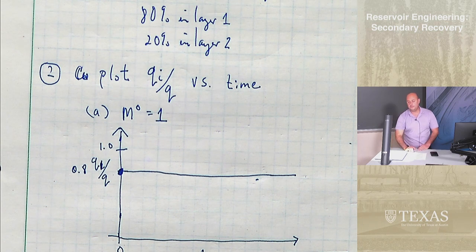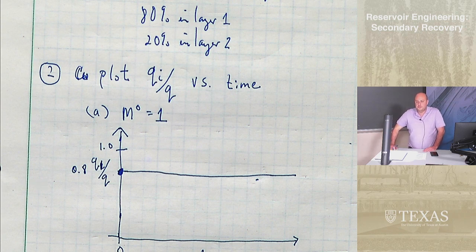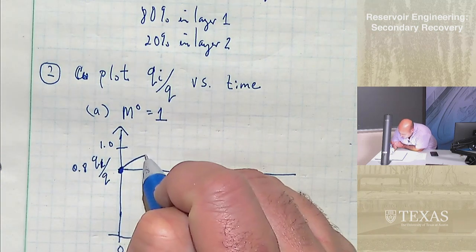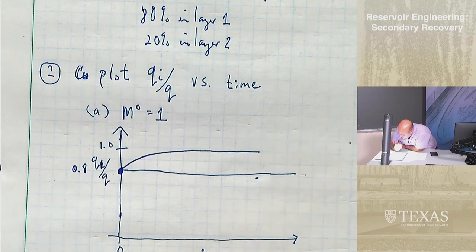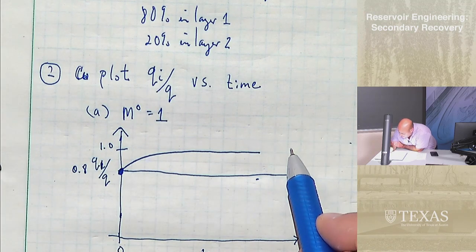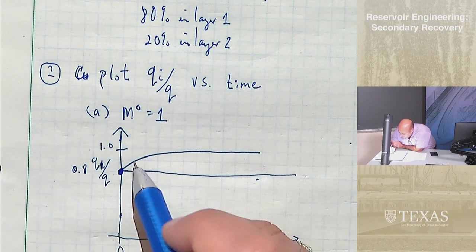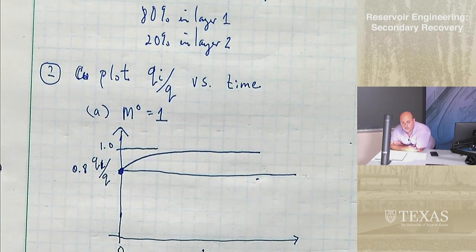So it's filling the top layer, the already high permeability or low resistance layer, with low viscosity water. That makes it even less resistant, even easier to flow in layer number 1. So what happens is it goes up. It'll never quite reach 1, but it might reach 99% or 99.9% as time goes on.